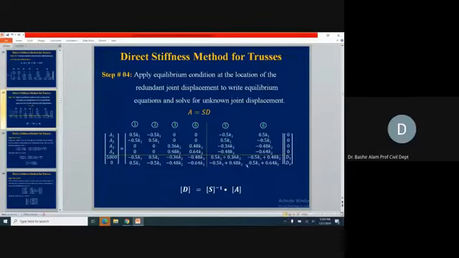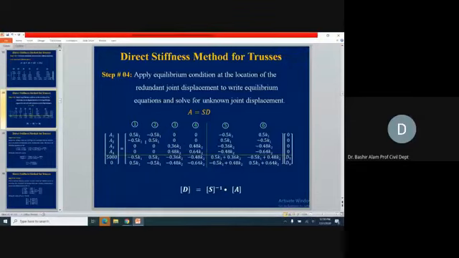But before this, we need to do something. You see here, the first element of the stiffness coefficient matrix is going to be multiplied with this 0, the second with this 0, the third with this 0, the fourth with this 0. Then when we come to the second row, again these 4 elements will be multiplied with the 4 elements of the displacement matrix, meaning it will give you 0 values.